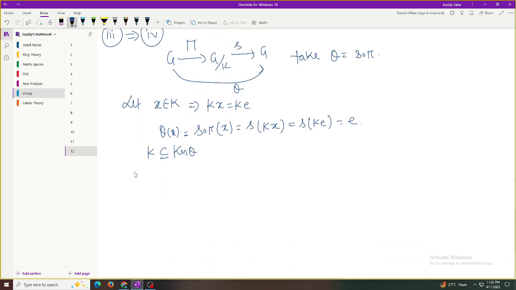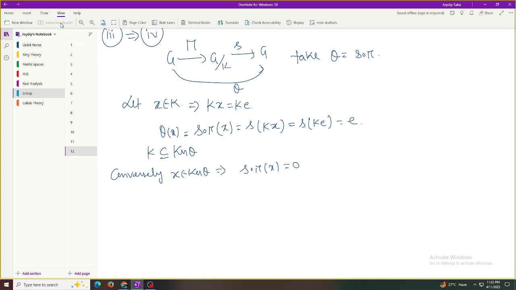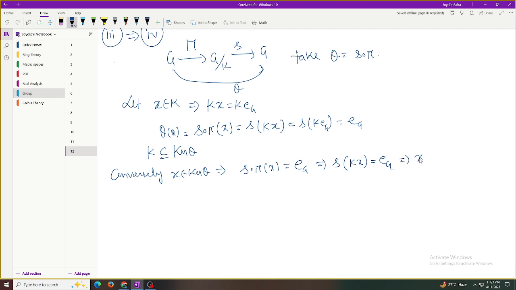Conversely, x belongs to kernel theta implies S compose pi x equals identity G, that is S of Kx equals identity, that means x equals identity.